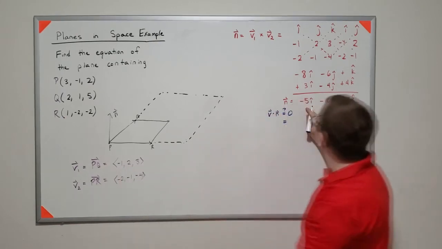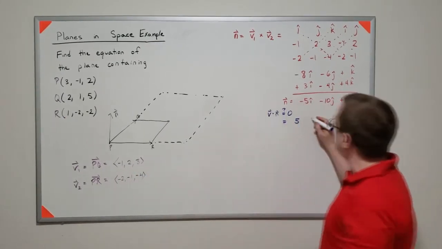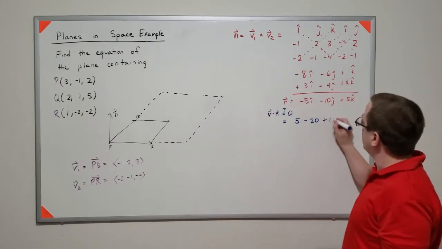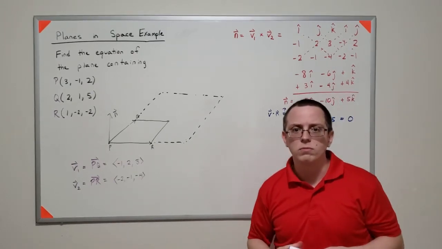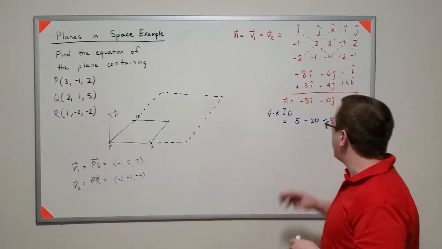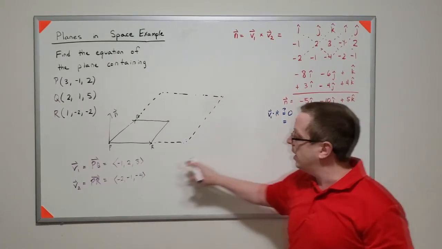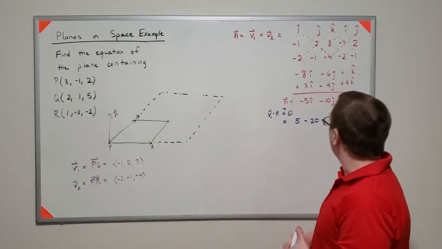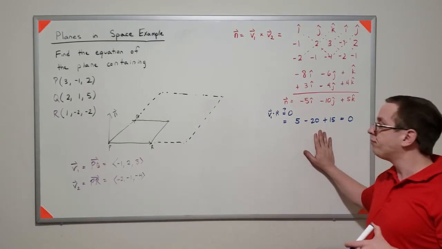Well, it's -5 times -1, so that's 5. -10 times 2, which is -20, and 5 times 3, which is 15, which is 0. So we know that v1 dot n is 0. Now we could check v2 dot n. You're welcome to do that. But anyway, we have at least a sanity check here that we've done this correctly.